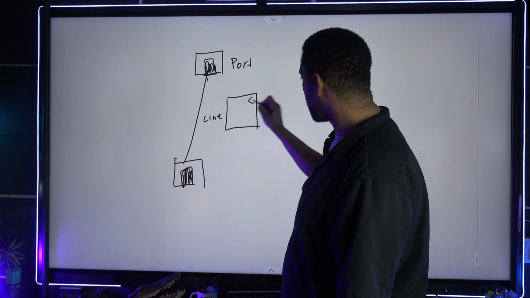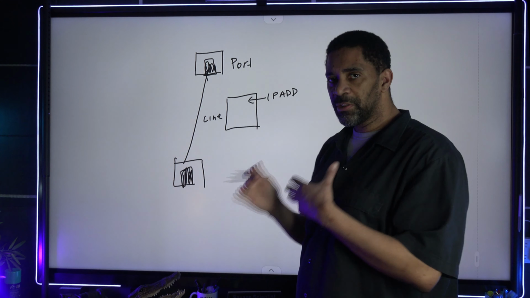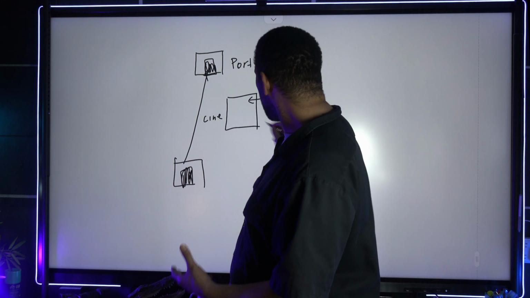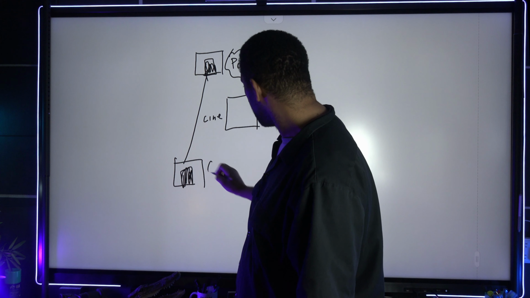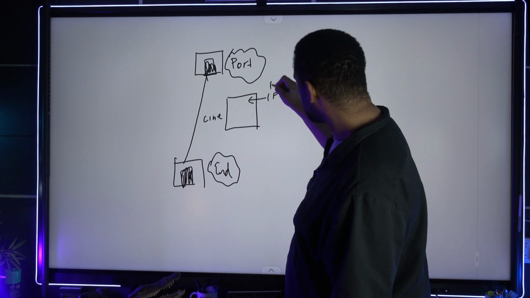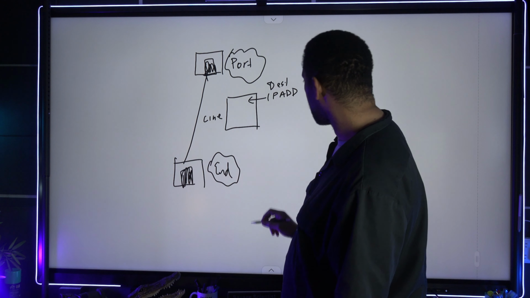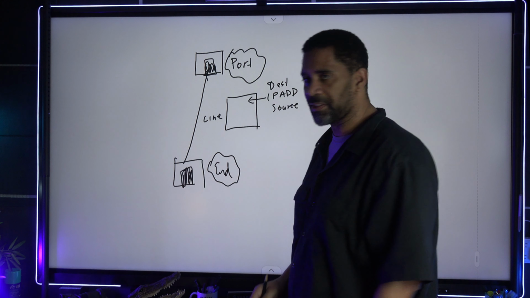So you'll have stuff like an IP address. And when you get into the IP address, that's going to tell you what's going to happen on this end and on this end. So you'll have a destination port, a destination IP address, and a source IP address.